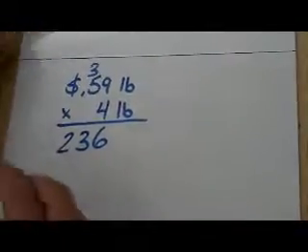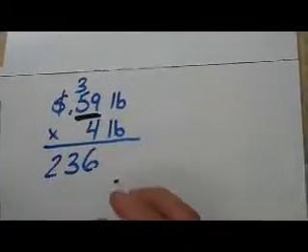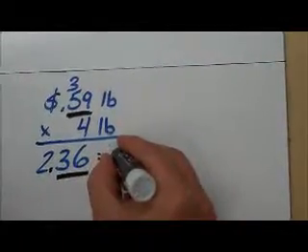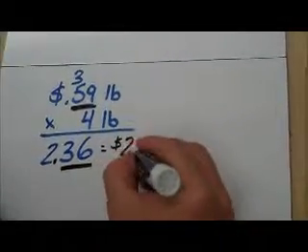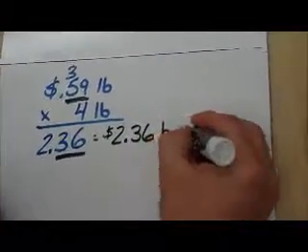But remember, guys, I'm not done with this number because I've got a decimal. I've got 2 decimal places, so I have 2 decimal places. So in reality, Zoe, you will pay $2.36 for your bananas.